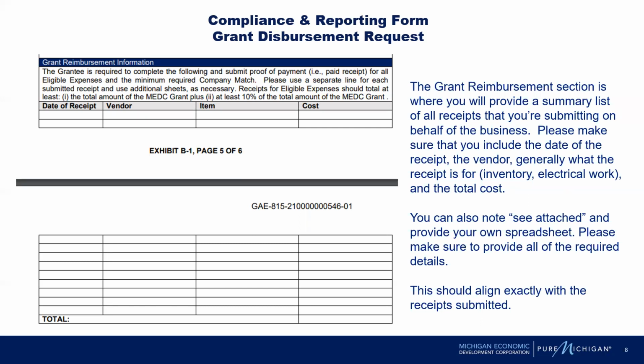If you have a receipt from Home Depot that has 40 different items on there, you can definitely summarize that as supplies. You don't have to list out that they bought wood and nails and glue. You can really just provide a summary there. The purpose of this is really to make sure that we are reimbursing eligible expenses.